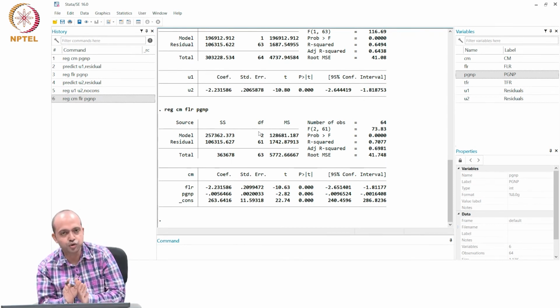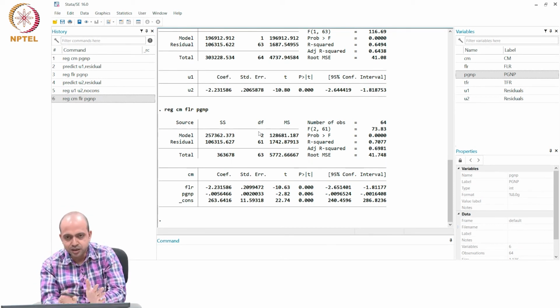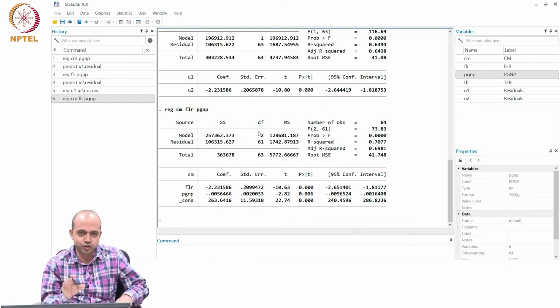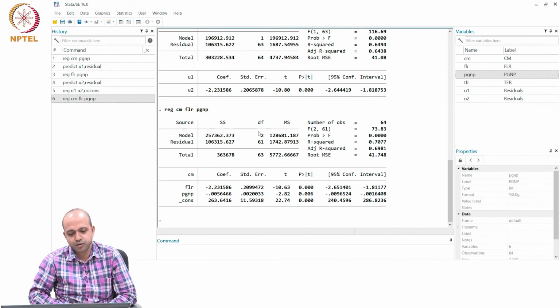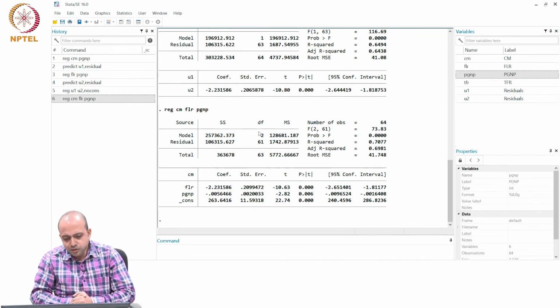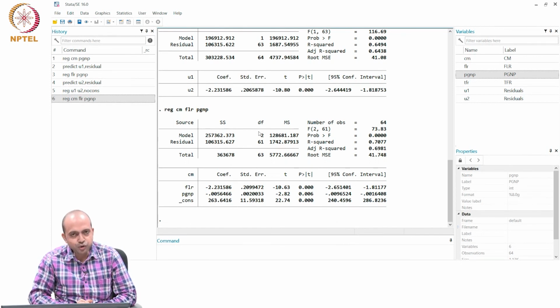So, this is how we have to understand the ANOVA table, which clearly shows the decomposition of total variation in our yi. But there are certain other measures which are also supplied by Stata, such as the F statistic. Look at the F statistic value, which is 73.83, and then another R square which is called adjusted R square.